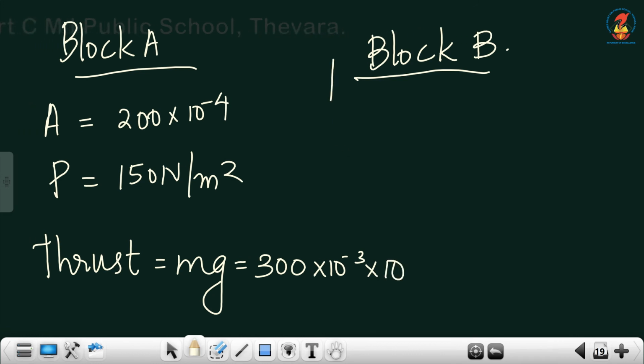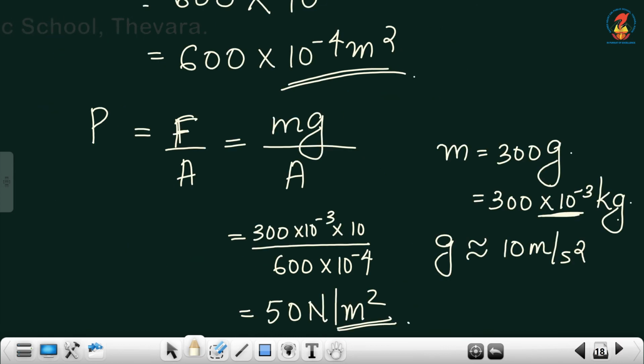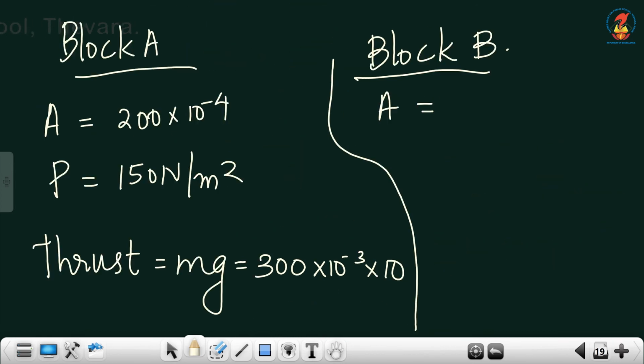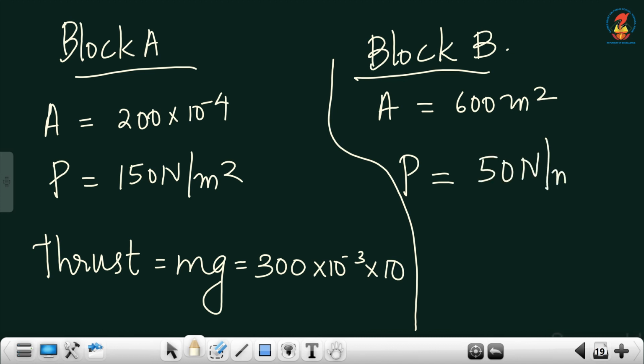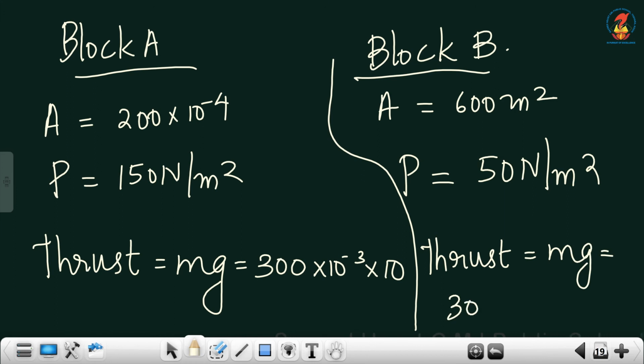For block B, when it was placed horizontally, area of contact was 600 into 10 raised to minus 4 meters square. We got the pressure value as 50 Newton per meter square, and thrust equal to mg, which is 300 into 10 raised to minus 3 into 10. These are the findings based on the problem.